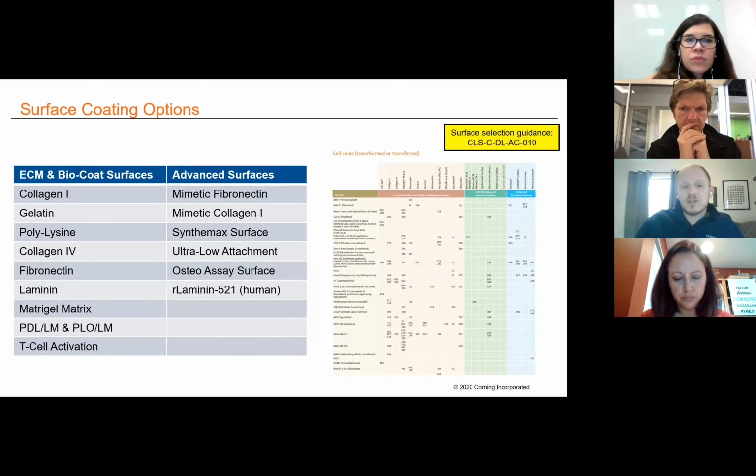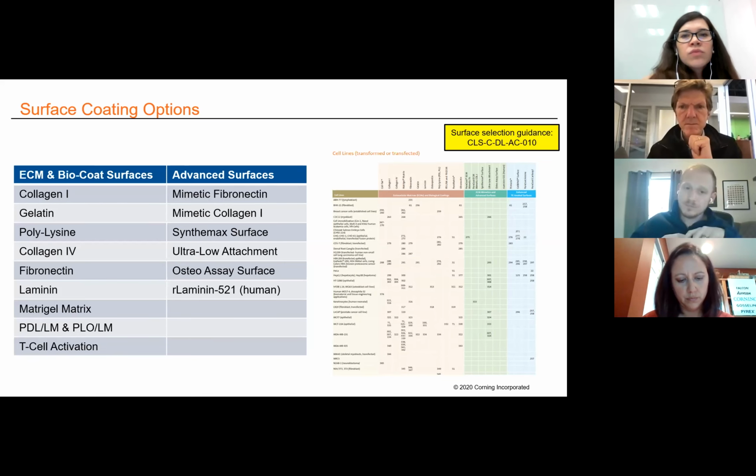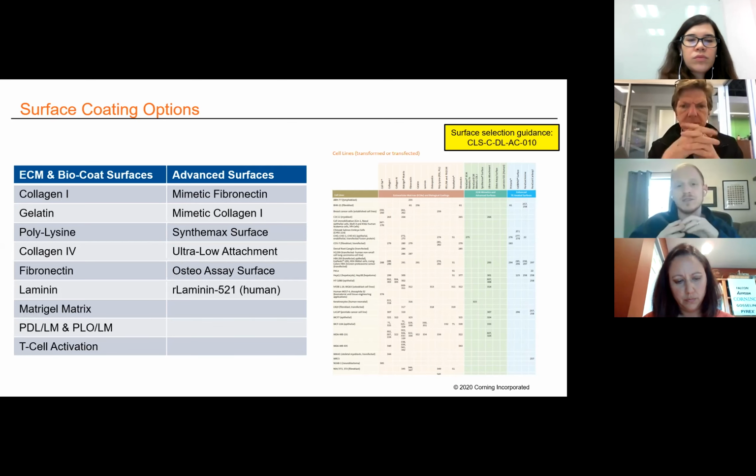So there's a variety of different surface coating options as well, besides just using serum to promote the adherence of your cells. Corning actually offers a long list of extracellular matrix proteins and biologically coated surfaces, from animal-derived options such as collagen, laminin, to more synthetic options that are animal component free and that are more ideal for experiments where you don't want to introduce animal components into your cell culture.